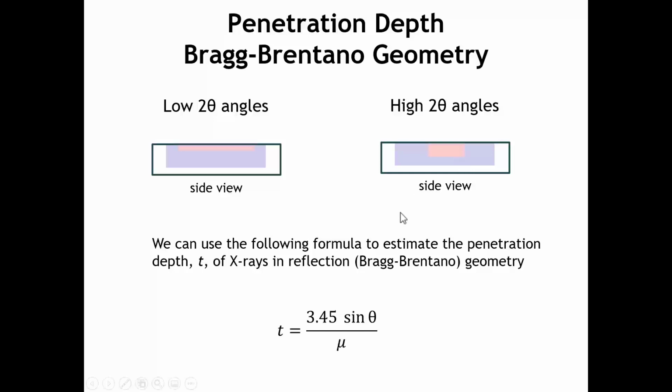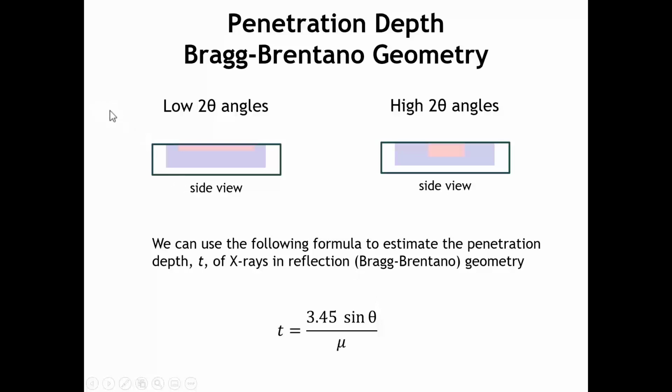But we can use this idea of absorption that we talked about in this lecture to estimate the penetration depth of the X-rays. So this formula, which assumes how far the X-rays will penetrate until there's only 1/10 of 1% of them left, is based on your linear absorption coefficient, mu. The bigger that is, the smaller the penetration depth. And then it depends on sine theta, and that's just a trig thing.